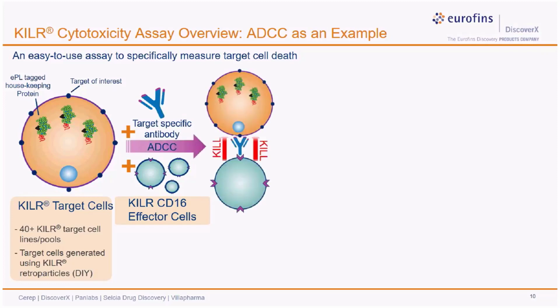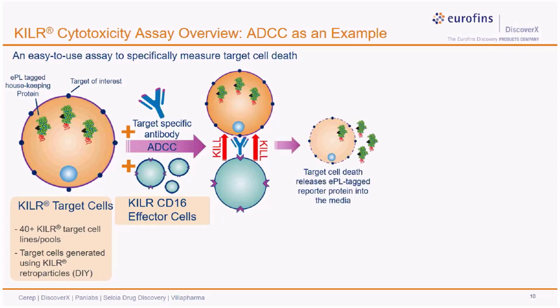Now upon the addition of the effector cells, the antibody will form a synapse between the effector cell and the target cell that activates the effector cell to kill the target. Upon lysis, the Killer reporter protein is released from these target cells to combine with the enzyme acceptor fragment added alongside the beta-gal substrate.